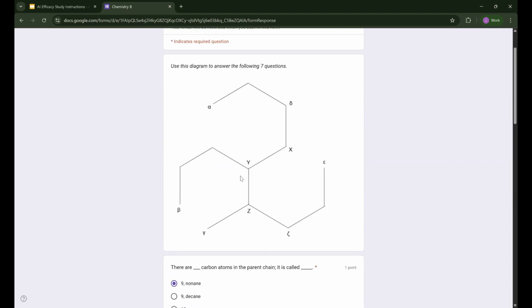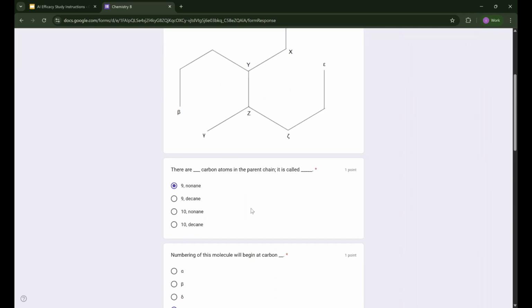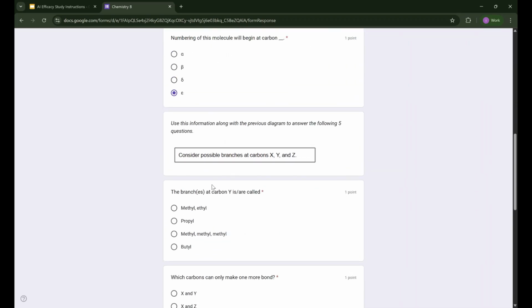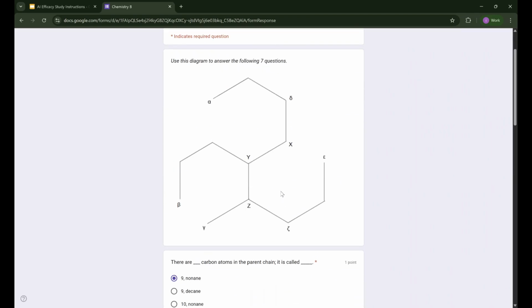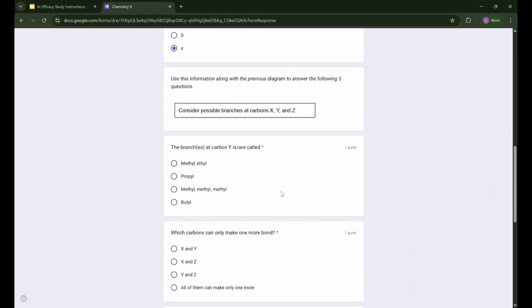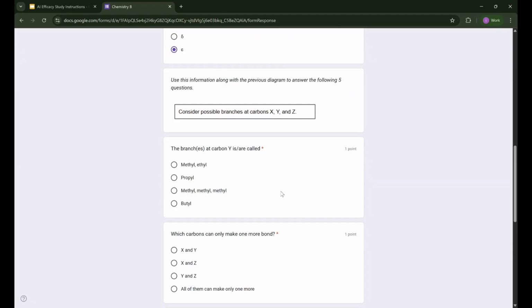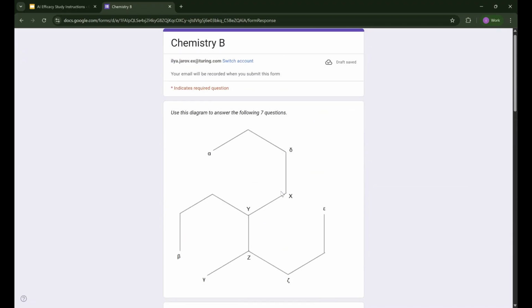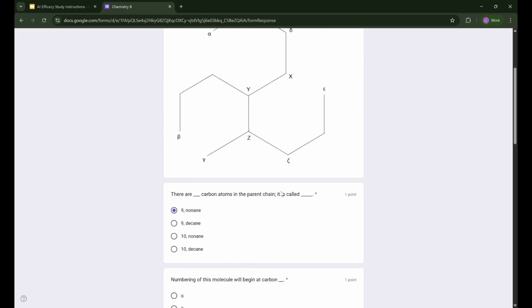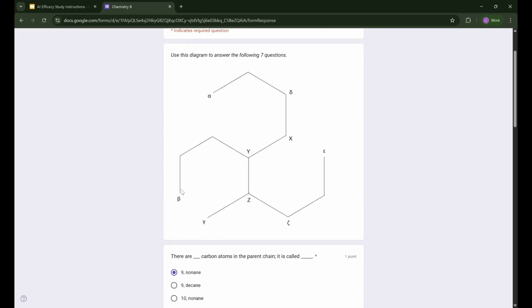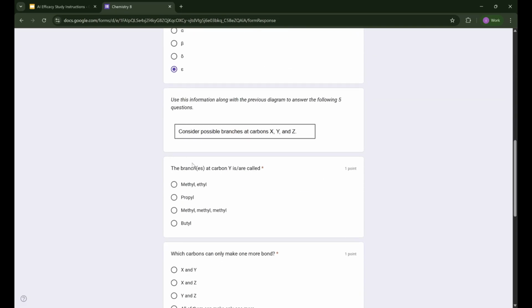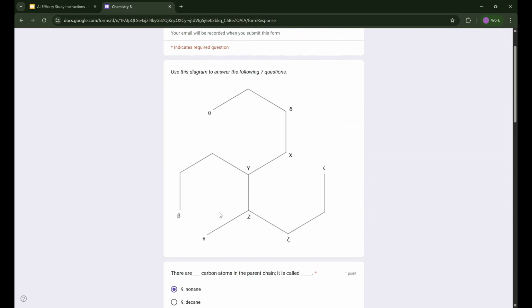Carbon X and X, Z, Y. Okay. Oh, okay. I think it's referring to this branch right here. Oh, okay. Yeah, so we just have to count the number of carbons. 1, 2, 3.